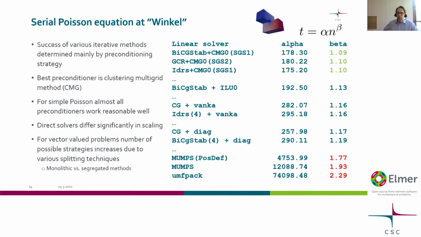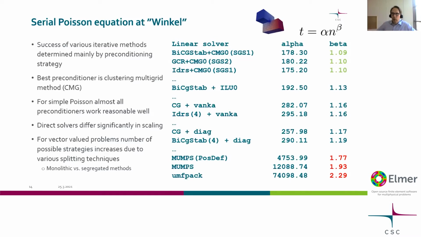So here there is a simple formula. We make some numerical experiments and fit the alpha and beta to this simple equation. The prefactor tells what's the time used for 1 million degrees of freedom, and the exponent tells how it scales when the problem size grows or diminishes.